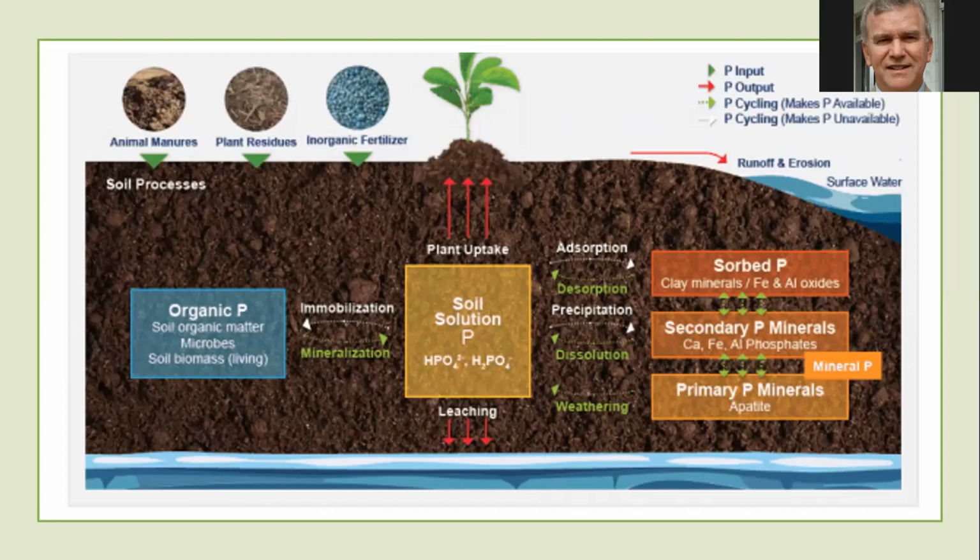Through the process called desorption, you'll see the green arrow. This is a chemical process that takes place in the soil. The phosphorus is liberated, converted, reduced to orthophosphates. Secondary P minerals, through a process called dissolution, same thing happens. It is reduced.